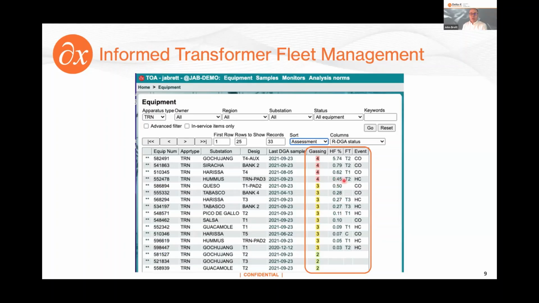Okay, so that you can say, hey, this is where I really need to spend my time right now, or perhaps I just need to shut that transformer down. That, of course, is your decision. You know, we understand what the data is telling us, but we're not intimate with your fleets. But this really changes the game in terms of how you can optimize the maintenance of your transformer fleet.